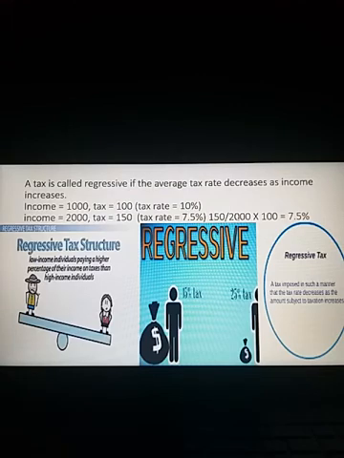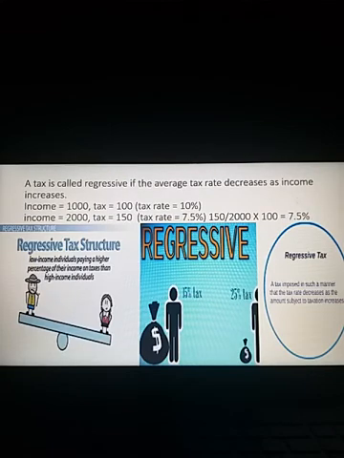Divide 150 by 2000, multiply by 100, then you get 7.5. Just one simple line: the average tax rate decreases as income increases, then you call it regressive. However, regressive tax can also easily be understood with the help of these pictures. Observe the extreme left hand side.